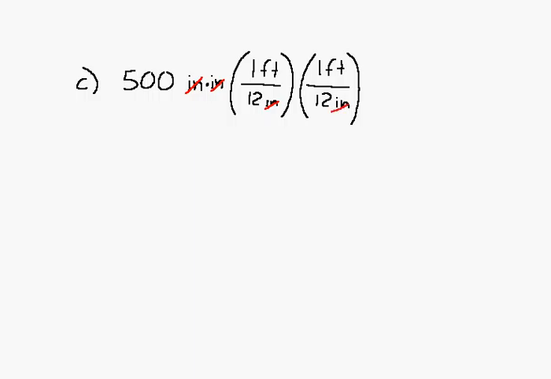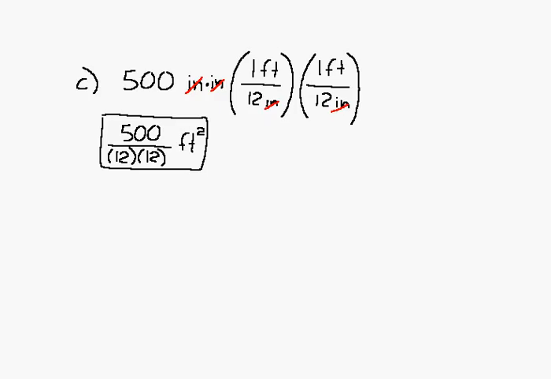And so you're left with feet times feet, or feet squared, as your units for your result. And so your answer, you will write 500 divided by 12 times 12 feet squared. And that's your answer.